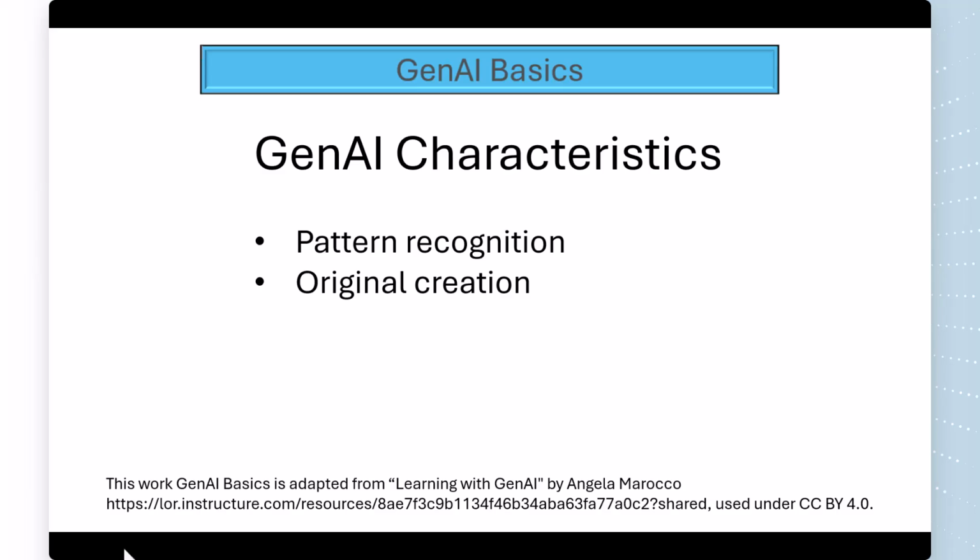Finally, GenAI is driven by prompts. Users interact with GenAI primarily through natural language commands or inputs, guiding the model on what to create. We'll look at creating effective prompts later in the workshop.